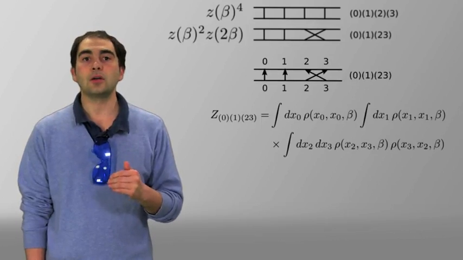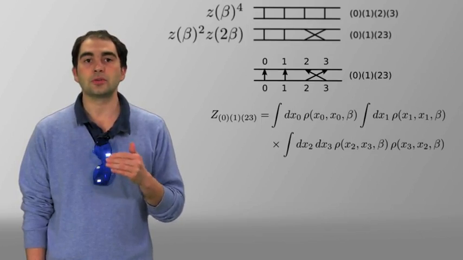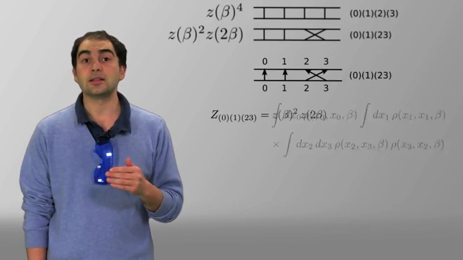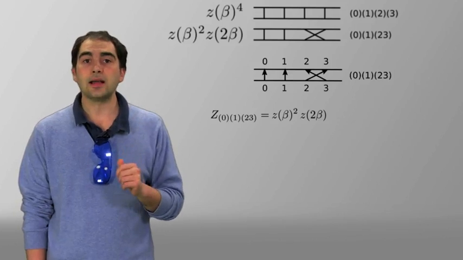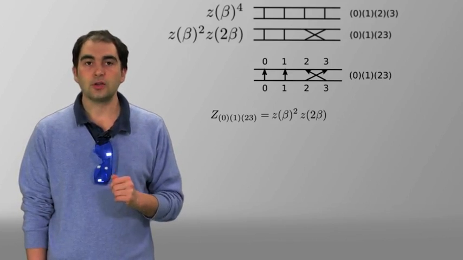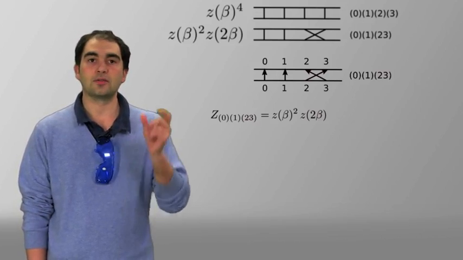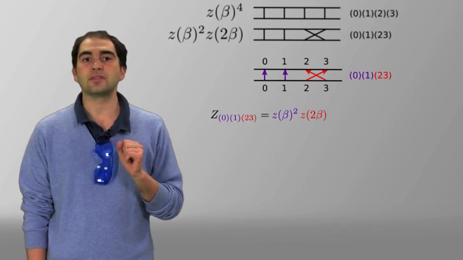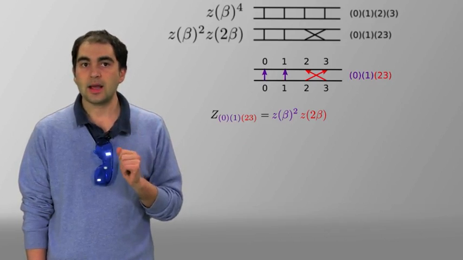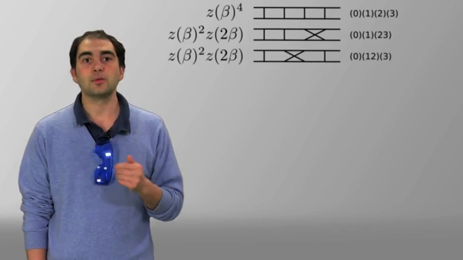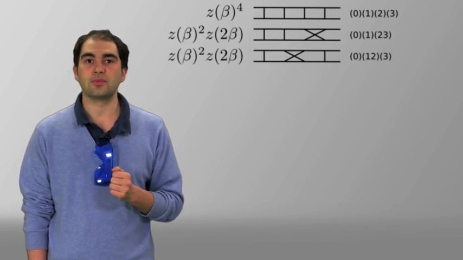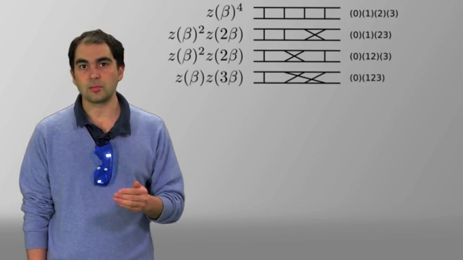And the second term has a partition function which is little z of 2 beta times little z of beta to the power 2. This corresponds to a cycle of length 2 and a pair of cycles of length 1. And then we have the third term, which has exactly the same partition function, the fourth term, and so on.